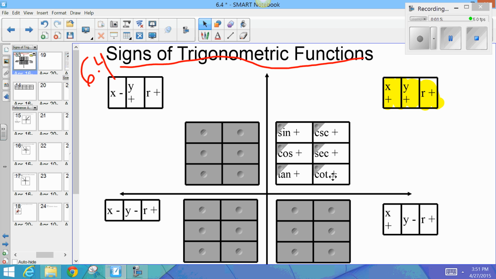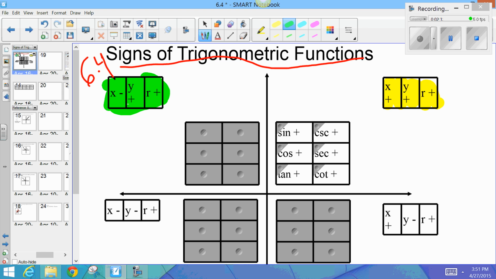Okay, so now moving to quadrant 2. So in quadrant 2, the x's are negative and the y's are positive. Anytime one of the trig ratios has an x in it, we have to consider is that positive or negative.